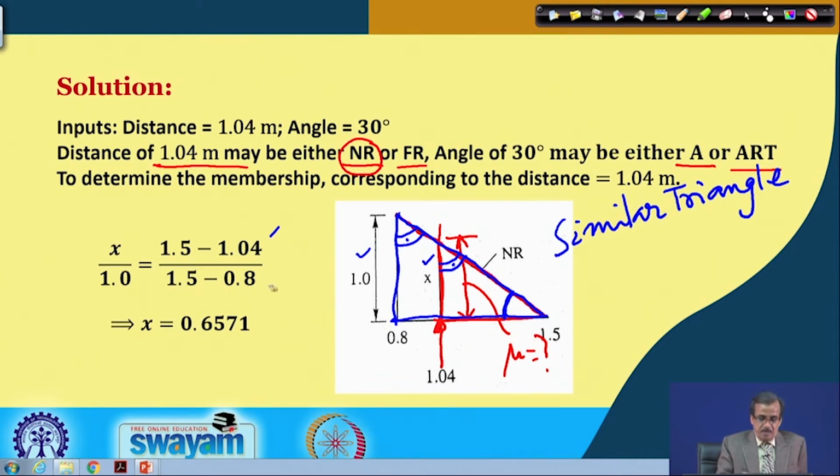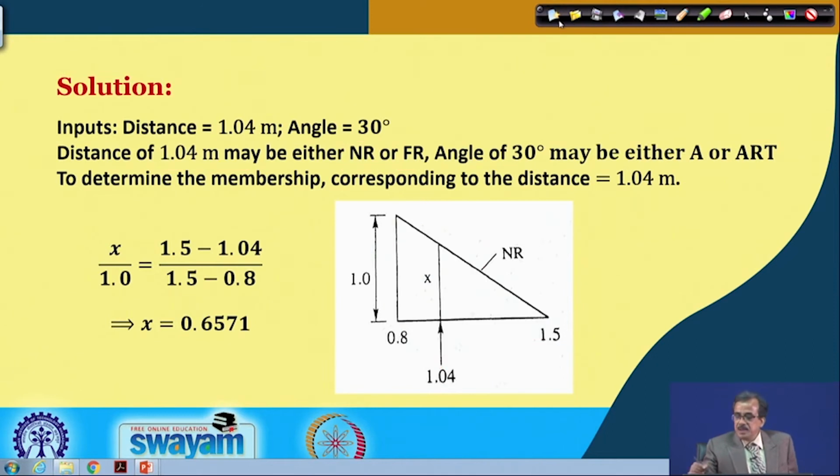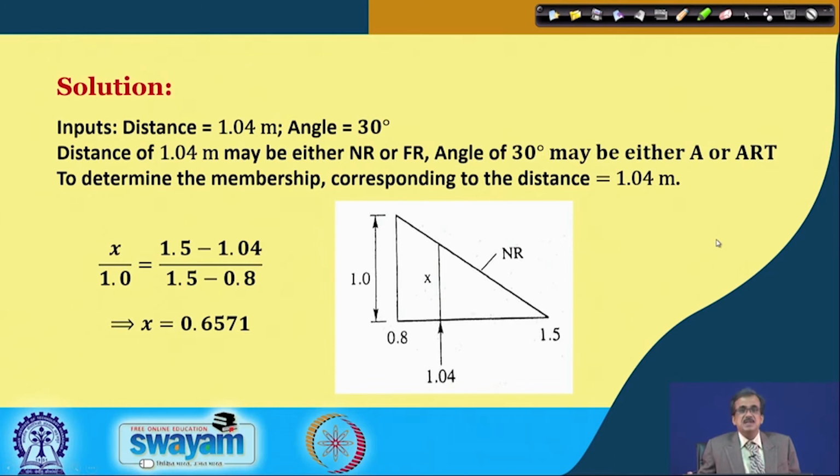If you solve it, you will get x equals 0.6571. This is the way, by using the principle of similar triangle, I can very easily find out the value of this particular x, and that is your mu n r. So, mu n r is nothing but 0.6571.